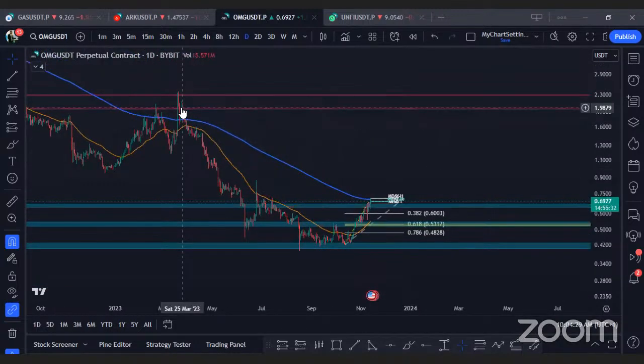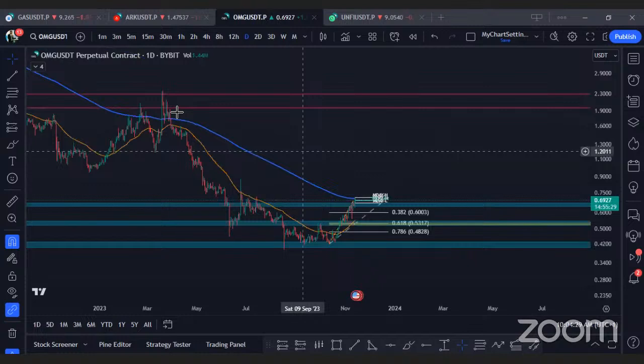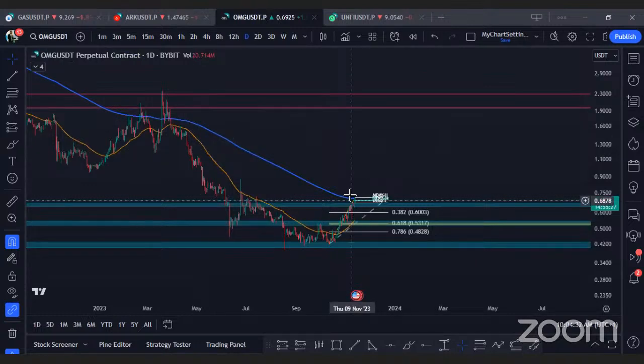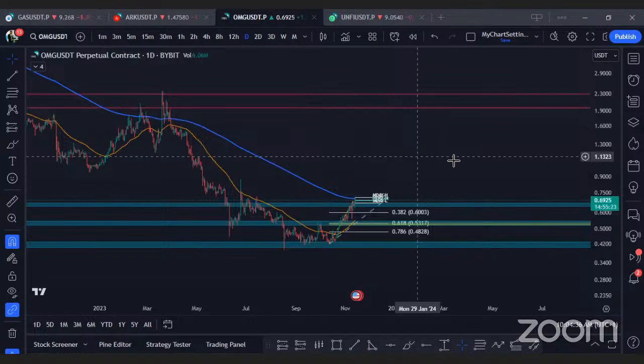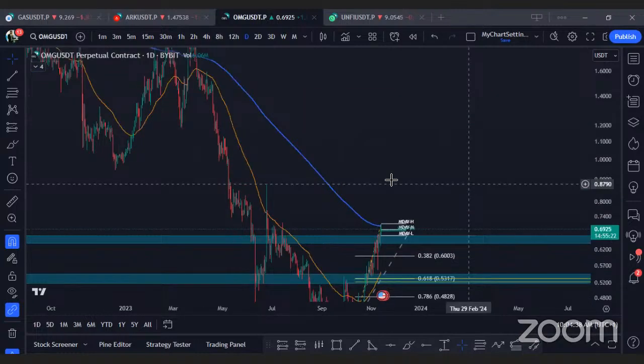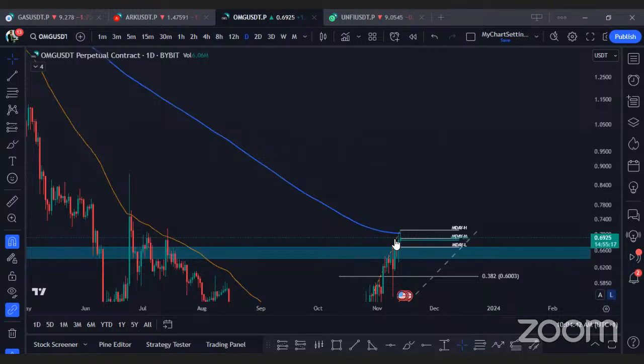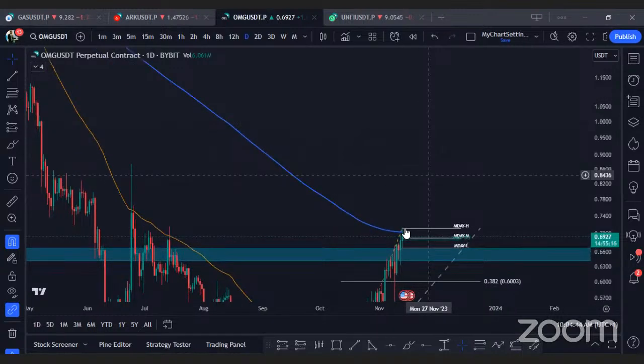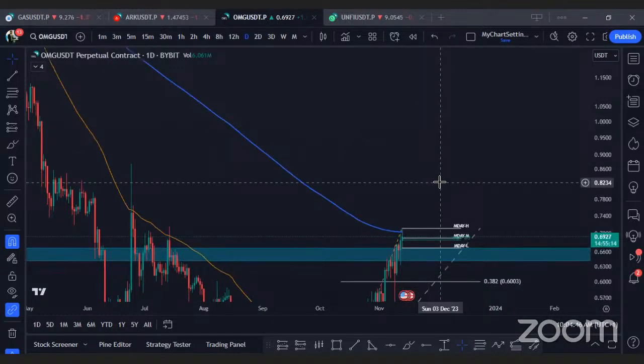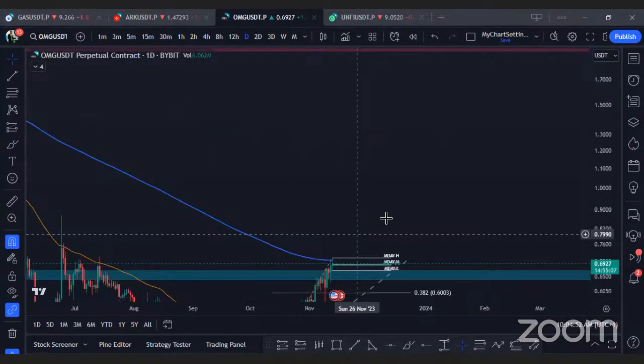Anything around that $1.1, that is close to $2. If you get a good entry here, guys, you can ride that until you get to that 1.9. It will be good. We just need to break above 200. The moving average 7 is a resistance right now. Once we break above that, guys, we can ride this trend up there. OMG seems promising.